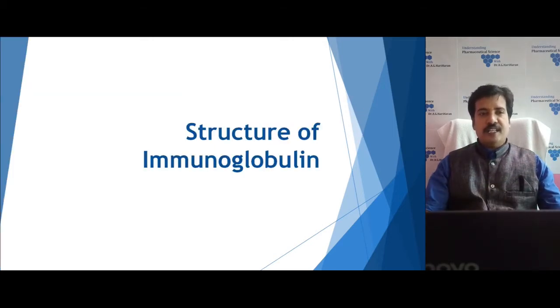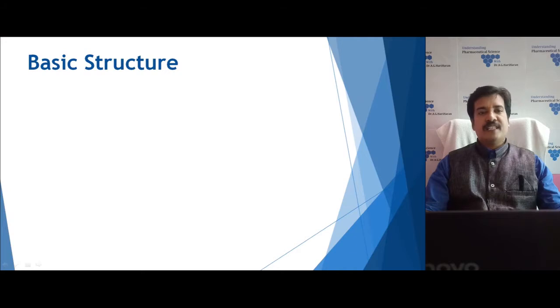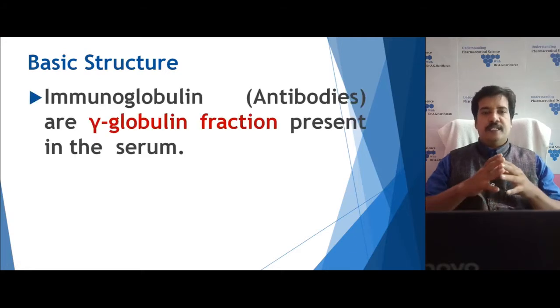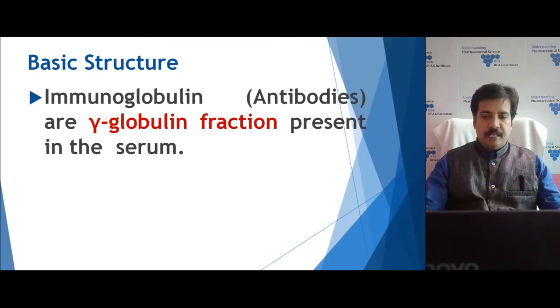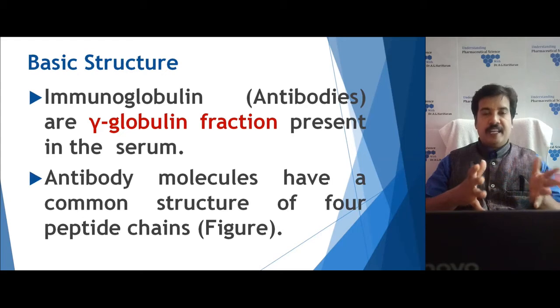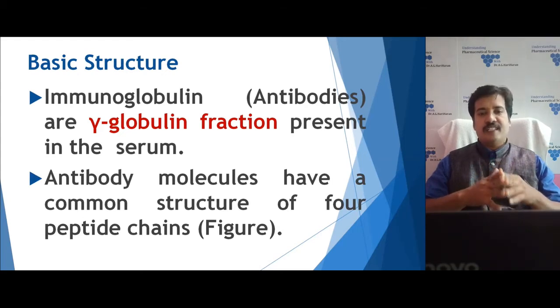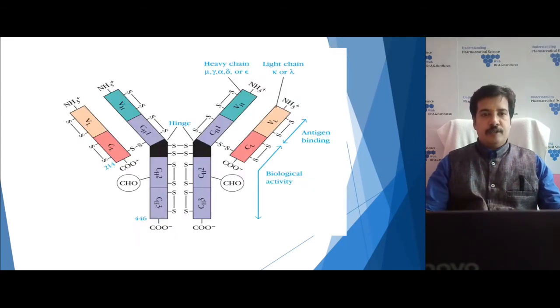If you see the structure of the antibody, we can also call it the structure of the immunoglobulin. Its basic structure, since it is a gamma globulin fraction present in the serum, is a polypeptide structure carrying 4 protein chains, as I have shown in the figure. This is the common structure present in almost all the immunoglobulins.